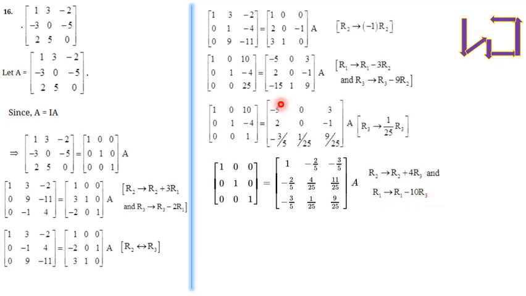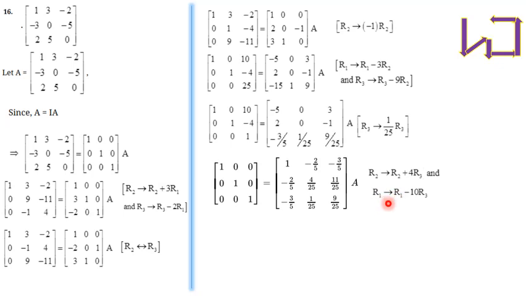The first element is minus 5 minus 10 into minus 3 by 5. When you calculate, you will get 1. Next, the element is 0 minus 10 into 1 by 25. When you calculate, you will get minus 2 by 5.